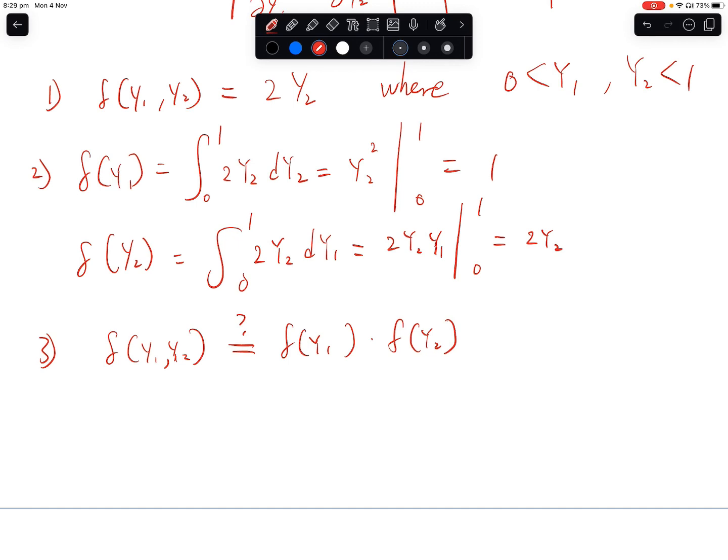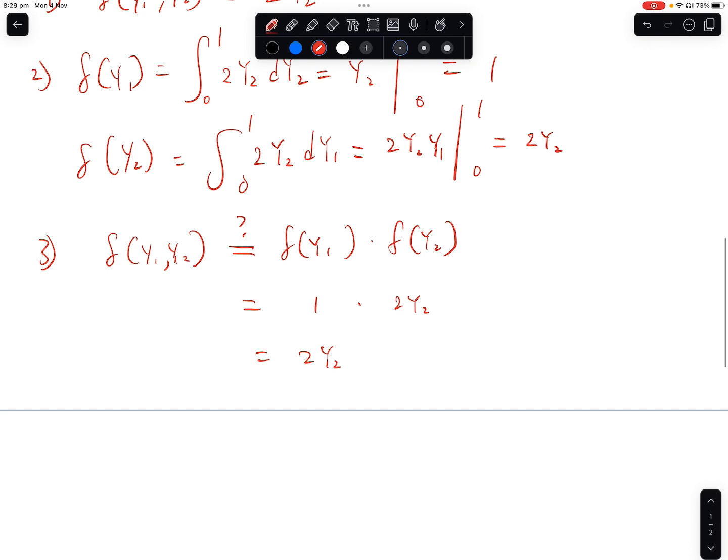If this is equal, then they are independent. We found that the product gives 1 times 2Y2, which equals the joint density. So, conclusion: they are independent.